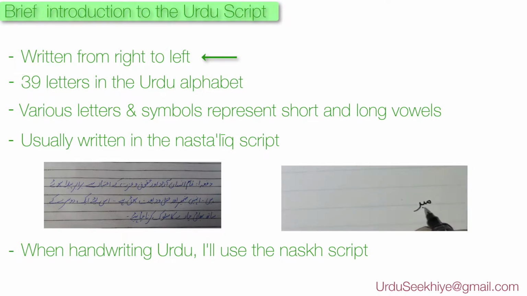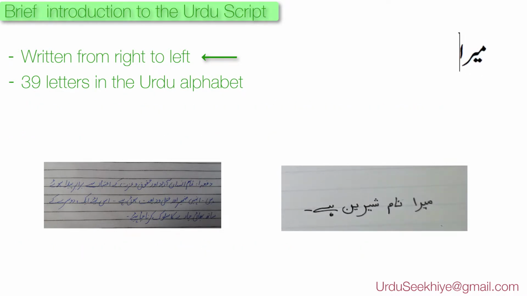You can see that the only difference is that Naskh is written in a linear manner, in a straight line, whereas Nastaliq starts off high, above the line, and eventually comes on or below the line. I can't figure out how high to start each word in order for me to write neatly, and I'm a sucker for neat handwriting, so I prefer Naskh.